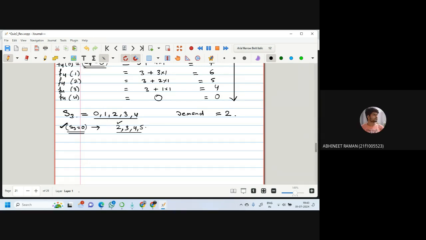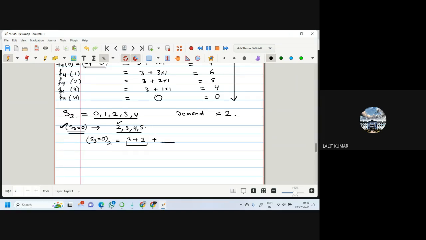So what do I do? I calculate for all these 2, 3, 4, 5. I use the notation S3, for example, 0, and I ordered 2. So what will be my cost now? 3 plus 2. I have ordered 2, consumed 2, so I am not carrying anything.